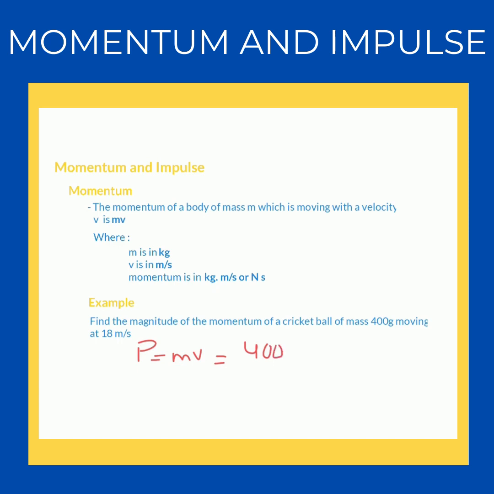However, I have to convert from grams to kilograms, so I will divide by 1000, times the velocity, which is 18, and the answer is equal to 7.2 newtons second.